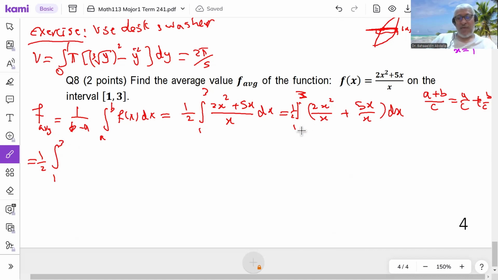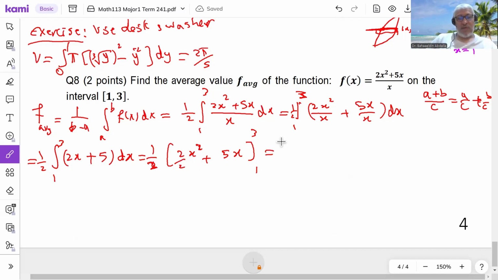Now, x squared cancels with x, it would be x. And x cancels with x, it would be 5. So the integral, I have half outside. And the integral of 2x is 2x squared over 2. And the integral of 5 is 5x, from 1 to 3.